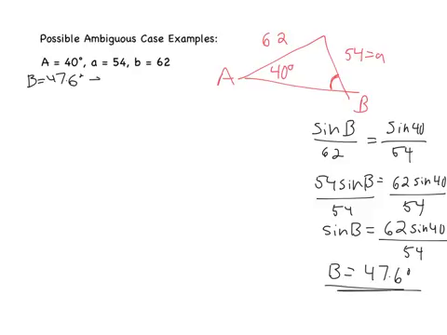The other possibility is that B is 180 minus 47.6, which here would be 132.4.